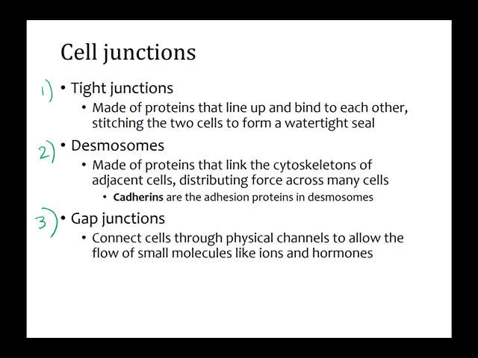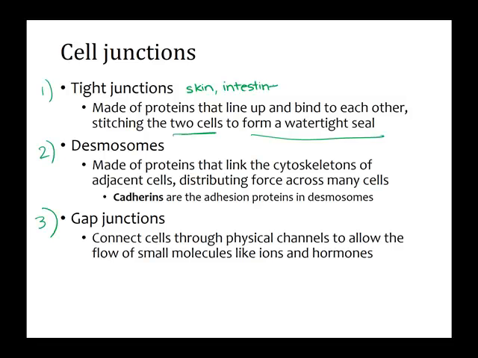So tight junctions are between tightly packed cells, and these tight junctions stitch two cells together to form pretty much a watertight seal. You find these tight junctions a lot in your skin, right? You're waterproof. You find them in the cells that line your intestines.